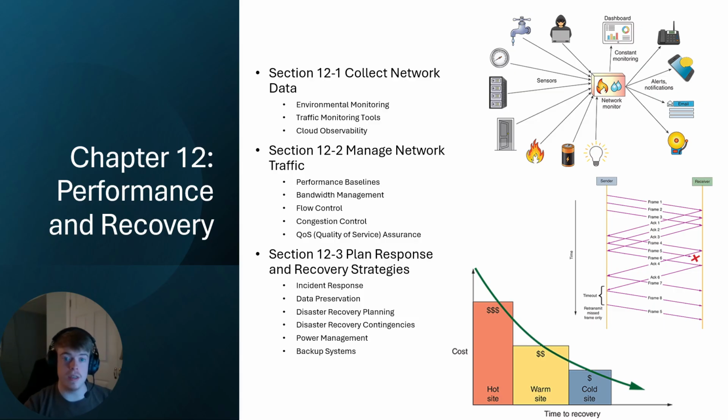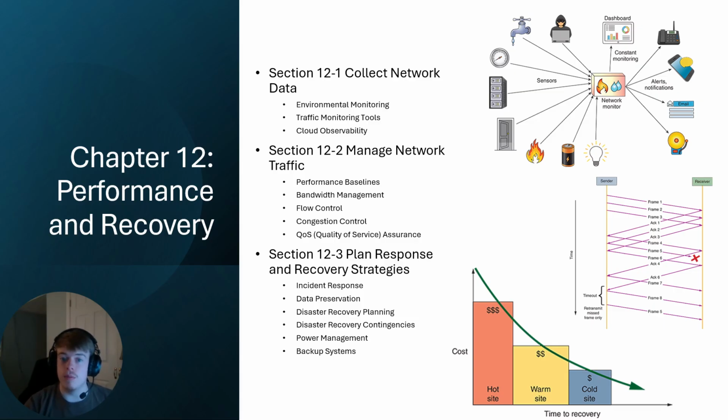Section 2 is on managing network traffic. There are certain performance baselines that are expected out of a network. These can be achieved with technologies like bandwidth management, flow control, and congestion control. And some companies will assure a certain quality of service level that they have to be able to maintain for their clients.